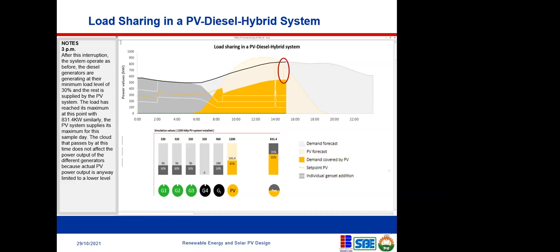Of course, you balance them, and you leave some with spinning reserve just for eventualities. That sharing of the load is performed by a power management system. It's a computer that does that. It shares the load for you. So the controller is a computer. That is what it does.